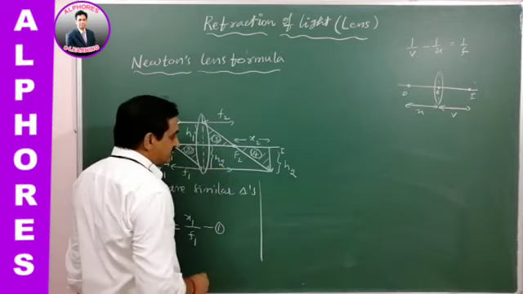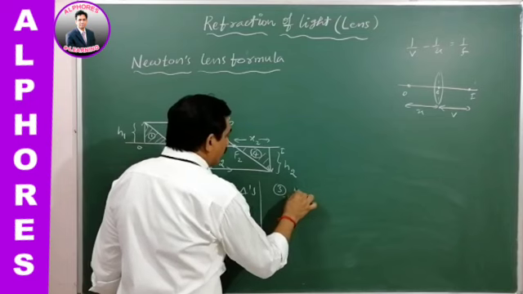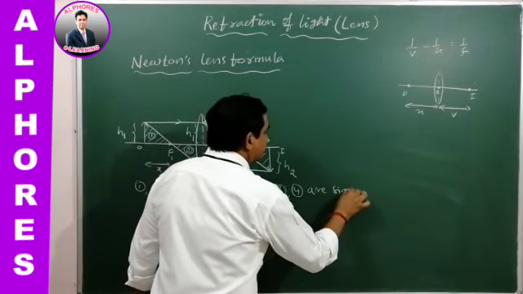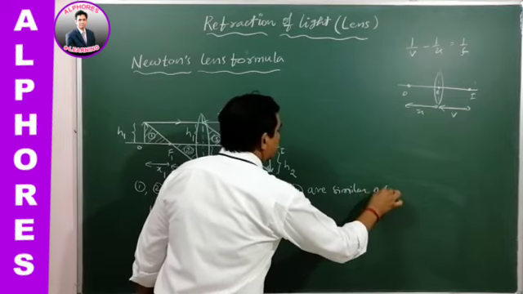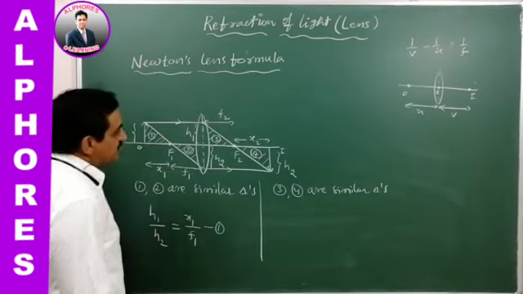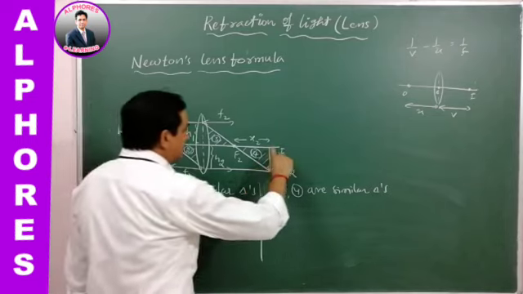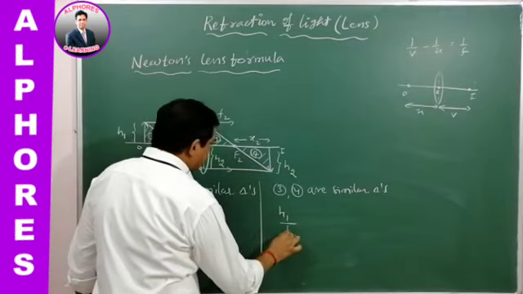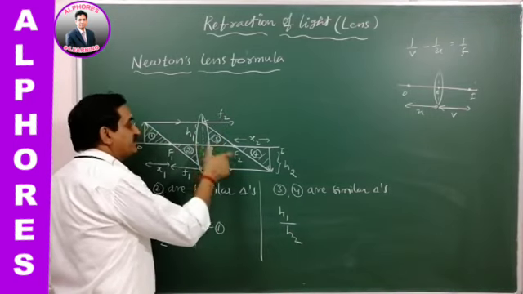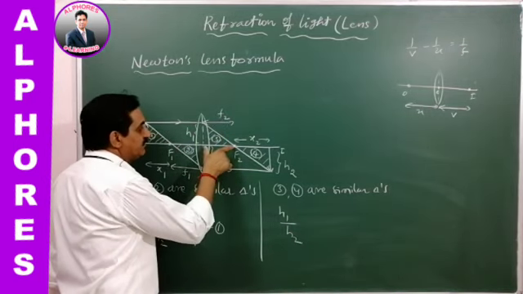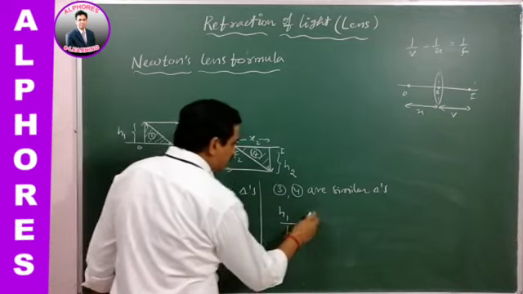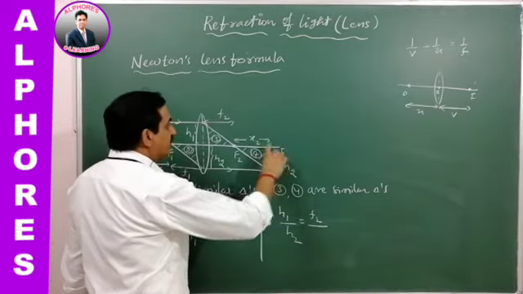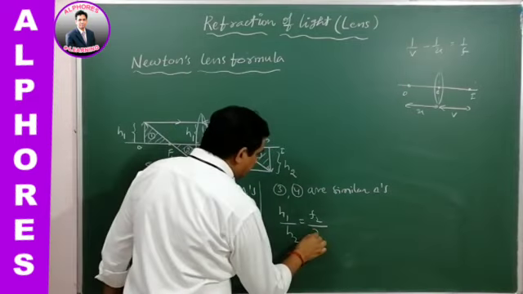Triangles 3 and 4 are similar triangles. Again using the ratio of their corresponding sides, this is h2 and this is h1. Again h1 by h2, with h1's corresponding adjacent side f2, is equal to f2 by x2, the adjacent side corresponding to h2.